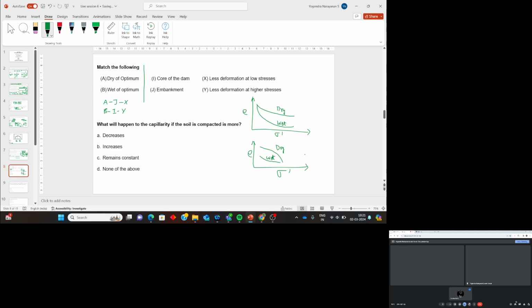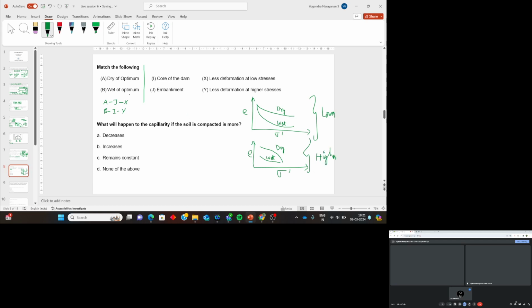Are you able to get it? Sir, please explain the X part more. Less deformation at low stresses. Yes, so this is for lower stresses and this is for higher stresses.